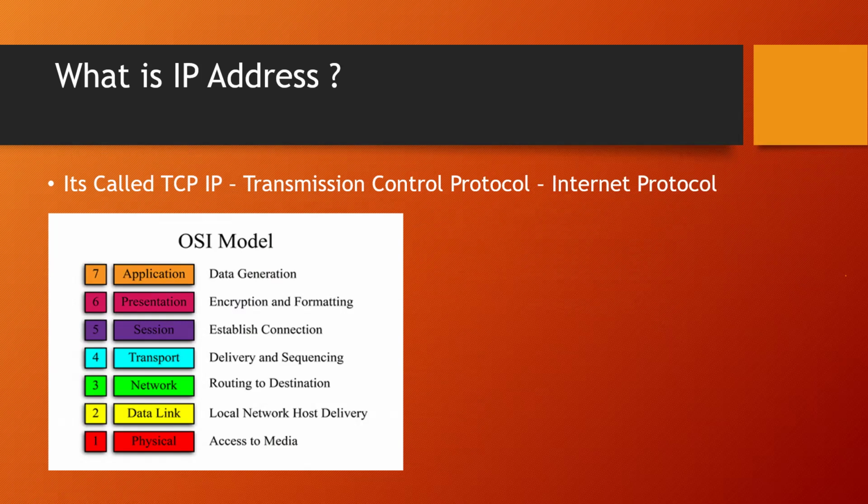But in our case, the system has to ensure that data is transmitted successfully and reaches the correct destination without losing any packet, because whatever data we transfer is in the form of packets.